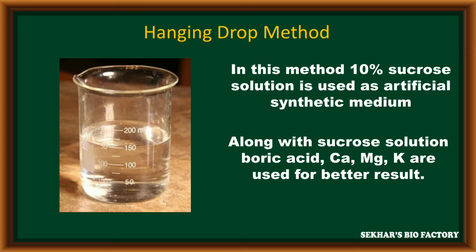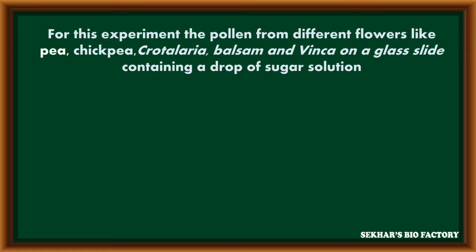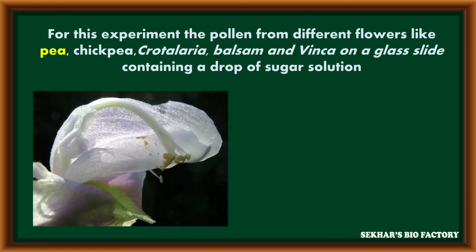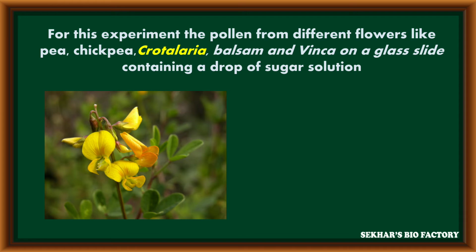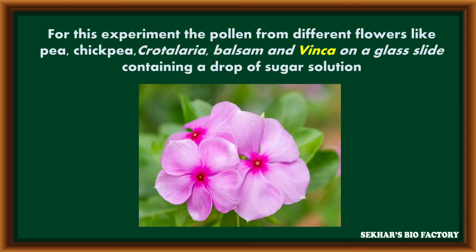Along with the sucrose solution, we use boric acid, calcium ions, magnesium ions and potassium ions to get better results. For this experiment, we have to collect pollen grains from different flowers like pea flower, chickpea flower, crotalaria blossom and Vinca rosea flower.